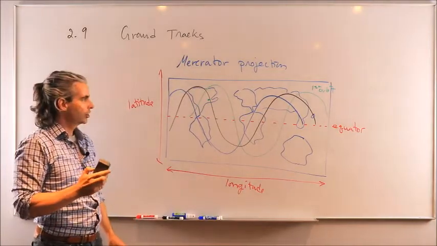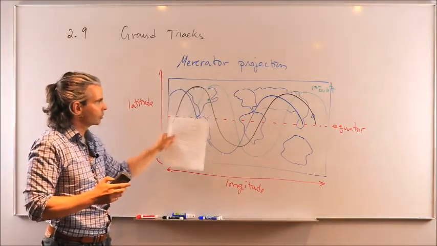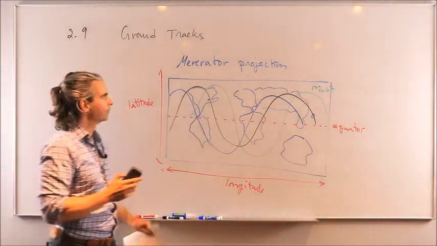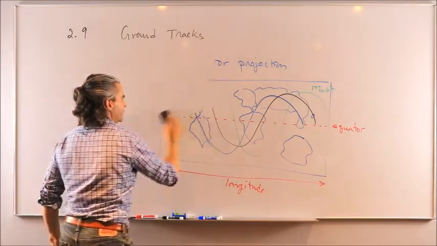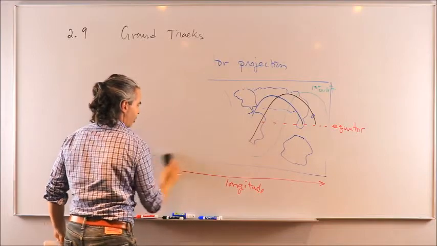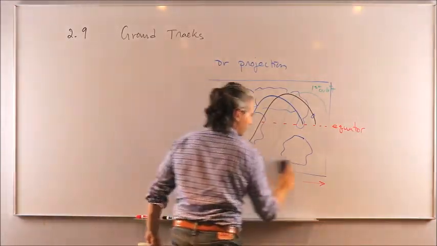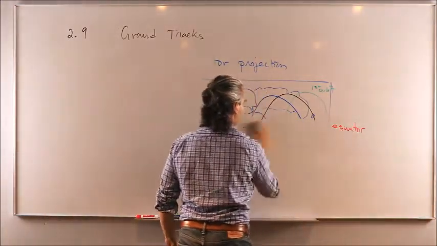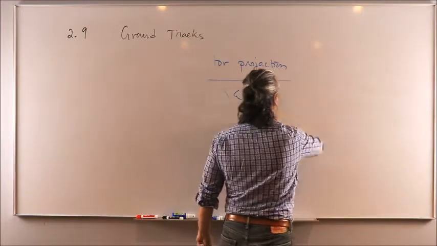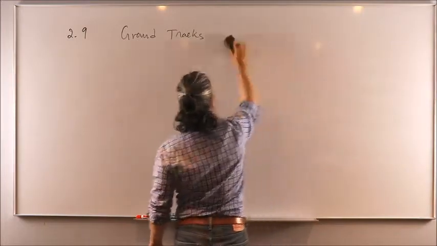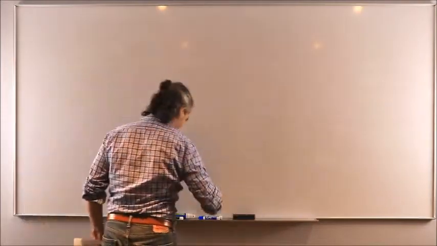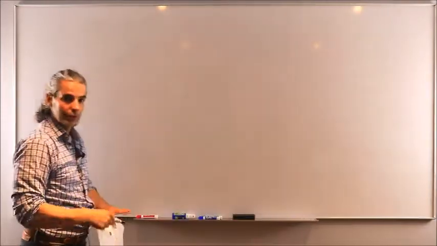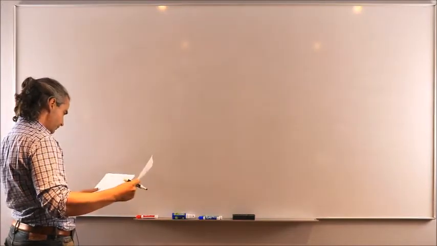Okay? So in order to draw the path here on this map, we need to define a new reference frame which is fixed with respect to the surface of the Earth. Okay? And that other reference frame is known as the Earth-centered Earth-fixed reference frame, ECEF for short. So those of you that have completed all problems in chapter 1 would already be familiar with this reference frame, but for completeness, I'm going to give it to you.